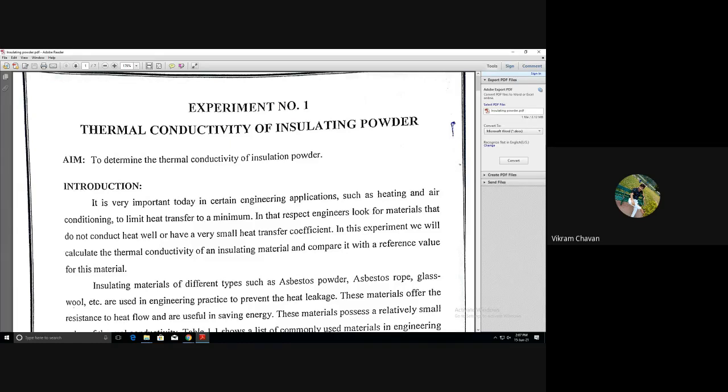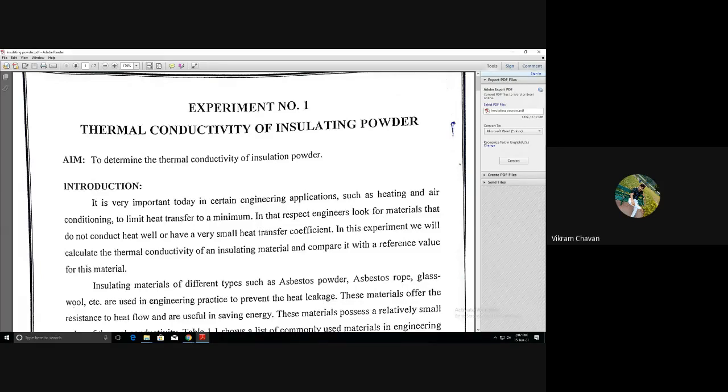The ability to transfer heat from one region to another within the same material is high for metals because of their available free electrons and the lattice vibration.